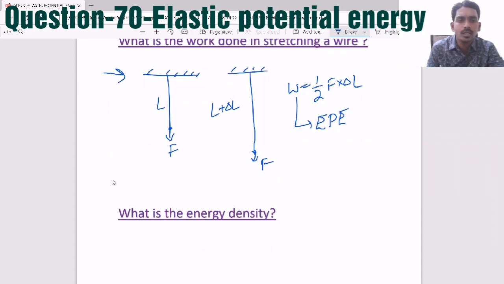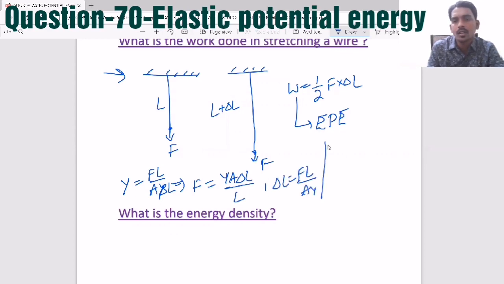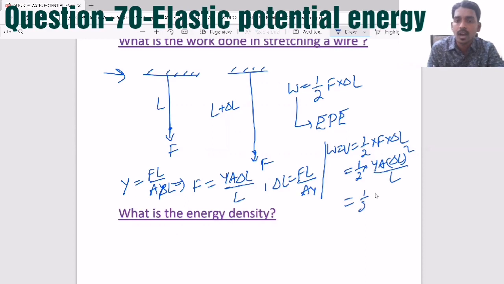And in case of stretching a wire, Young's modulus is FL by AY, so that when you don't know the F value or delta L, delta L equals FL by AY, so that work done or potential energy is also equal to half into F into delta L. If you substitute the F value, YA delta L, it is half into YA delta L whole square by L, or if you substitute delta L, half into F square L by AY.